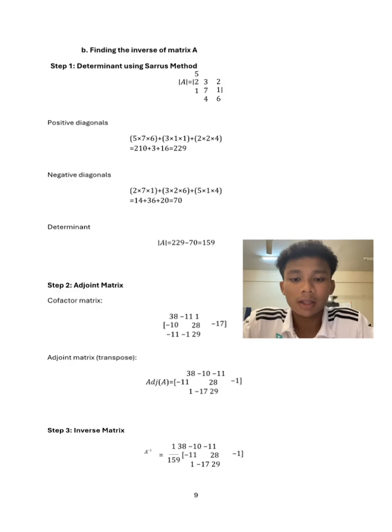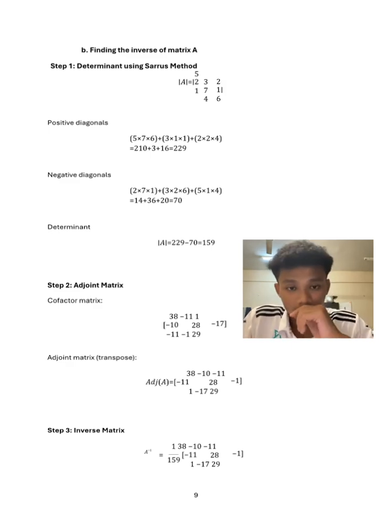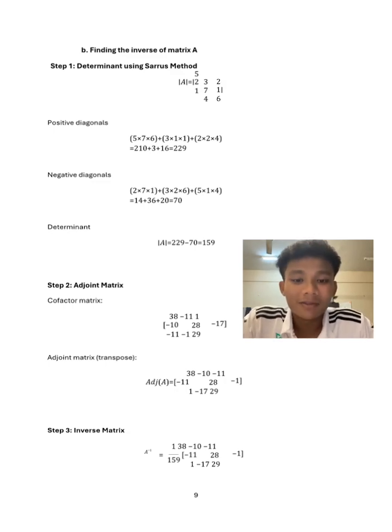Then subtracting the sum of the negative diagonals, 2 times 7 times 1 plus 3 times 2 times 6 plus 5 times 1 times 4, which is 70, resulting in a determinant of 159.